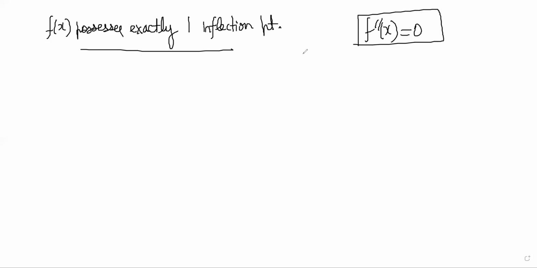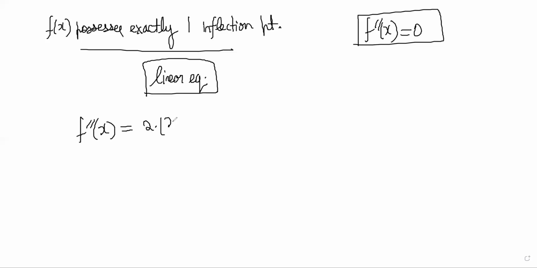If you take the double derivative of a cubic, it will become a linear equation. You will get double derivative coming out to be 2 into (3x plus a). So that will be 0 only at one particular point, x is equal to minus a by 3.